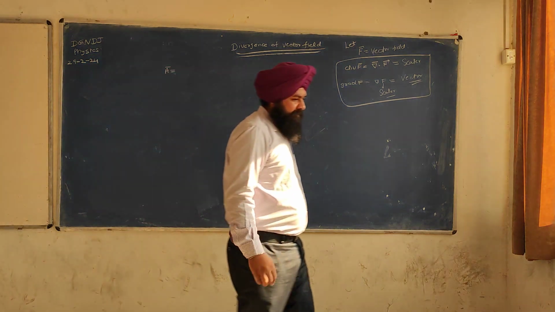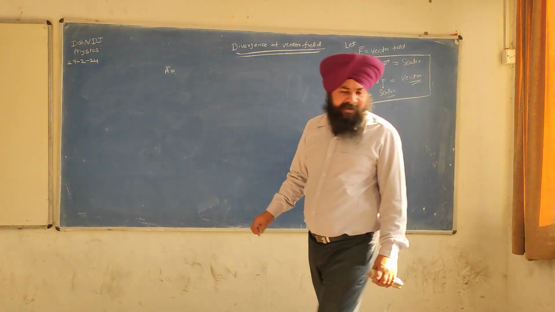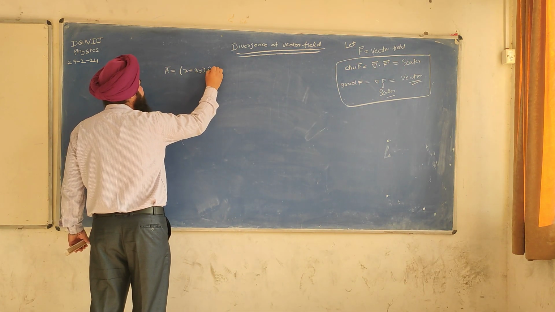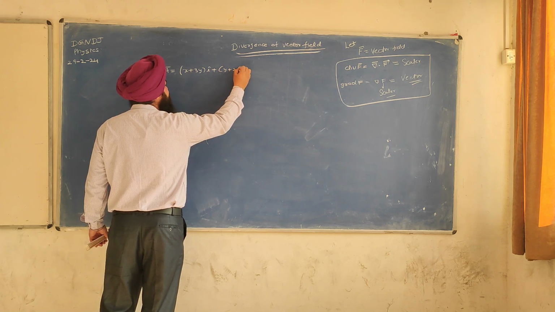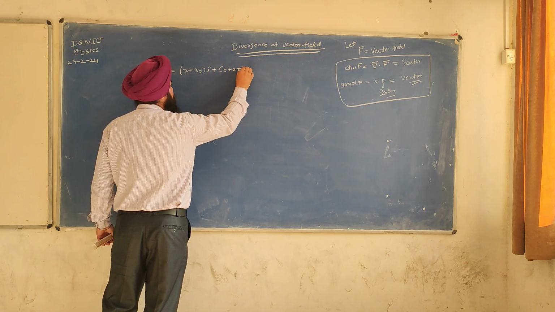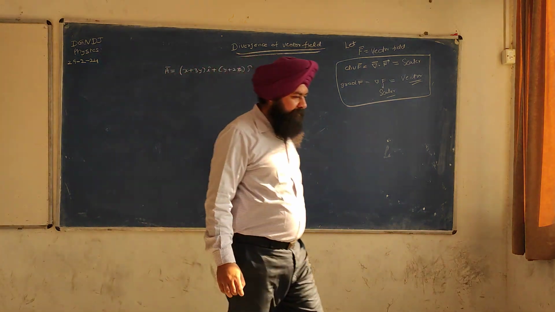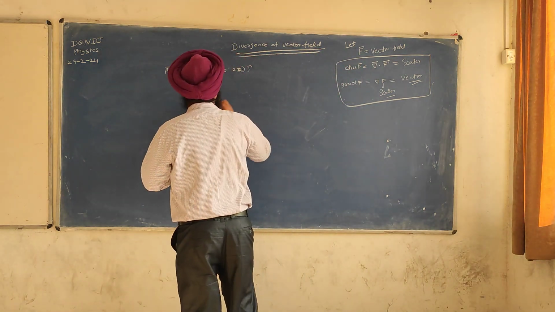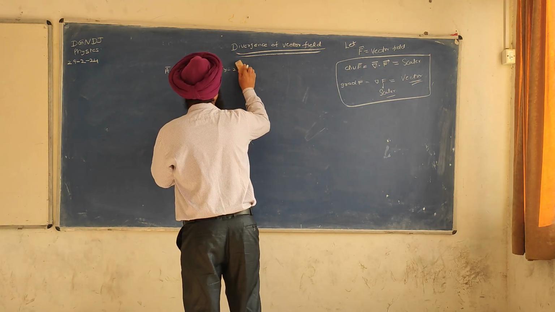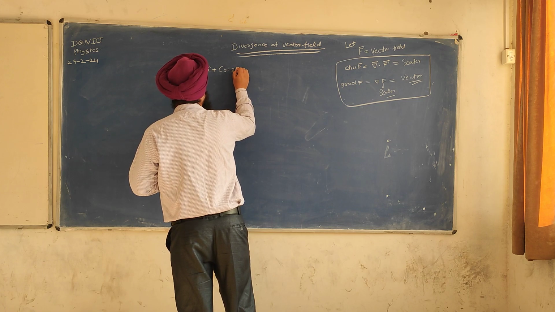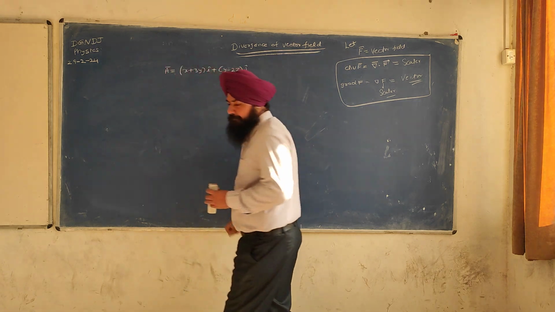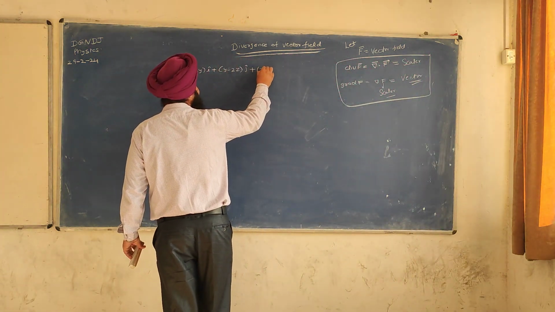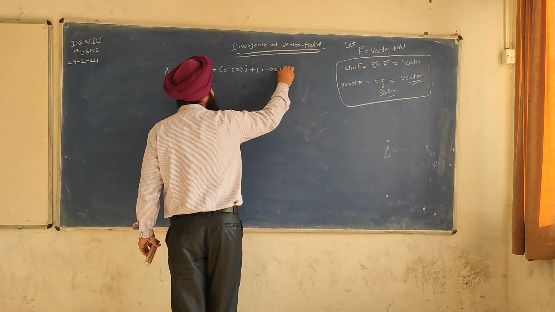That is, A vector is equal to x plus 3y into i cap, plus y minus 2z into j cap, plus x minus 2z into k cap.